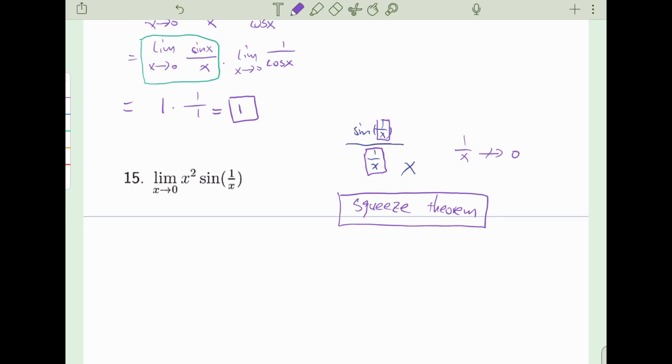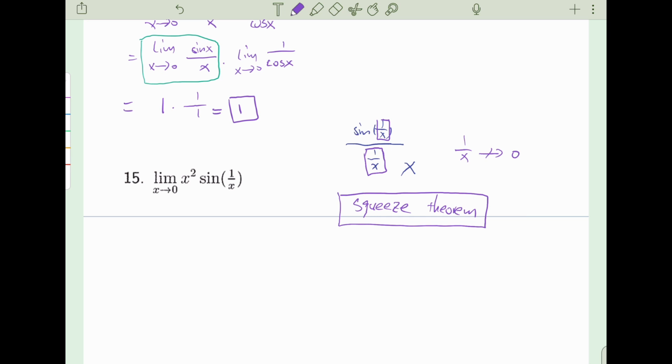Whenever we see a limit that is very complicated, we can think of creating an upper bound and a lower bound for this expression, for this function, in which the lower bound and upper bound are going to the same limit. So they force the thing in between to go to the same limit.